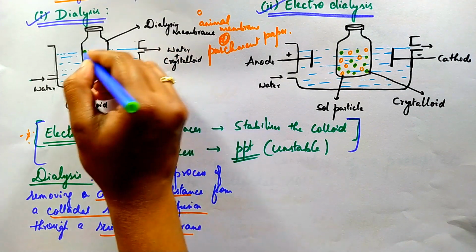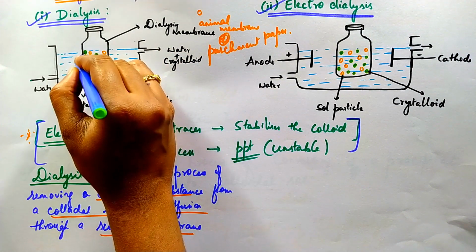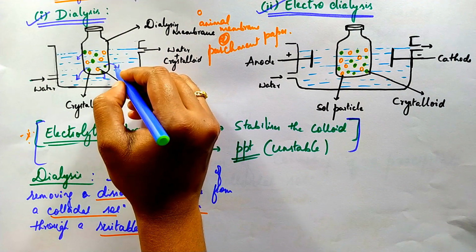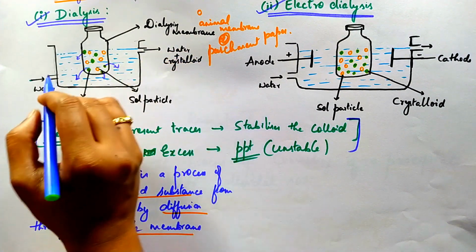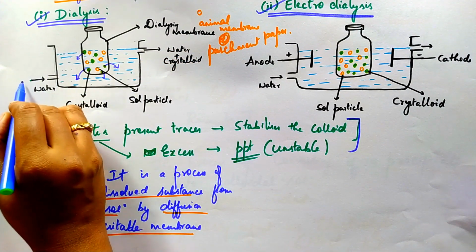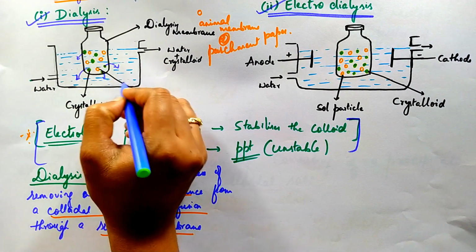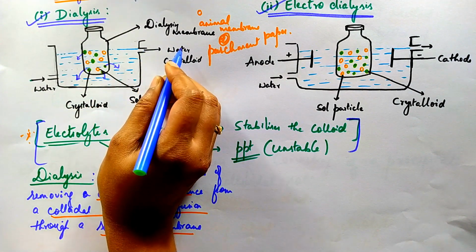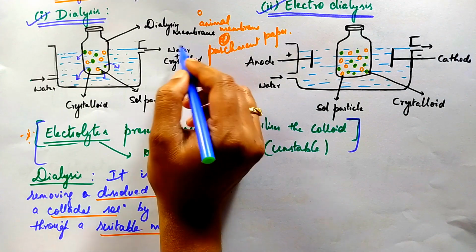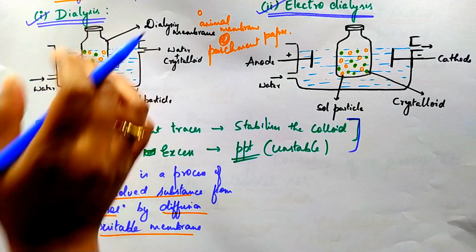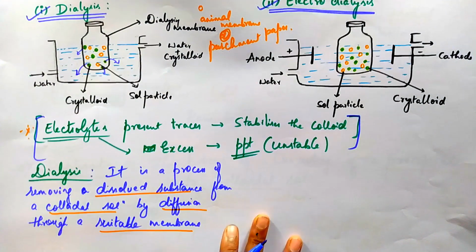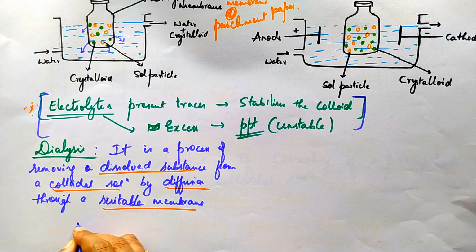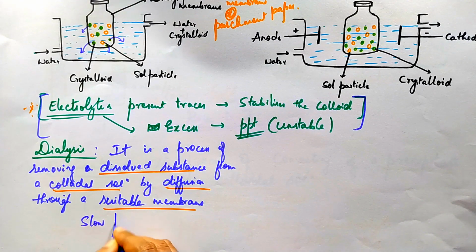So this green color that I have indicated is passing through the suitable membrane. When I pass the water, all the crystalloids travel towards the outlet. Here water and the impurities are removed. This dialysis process is a very slow process.